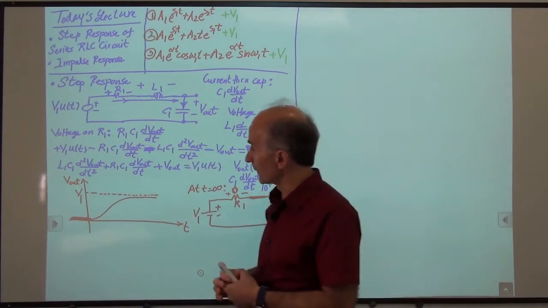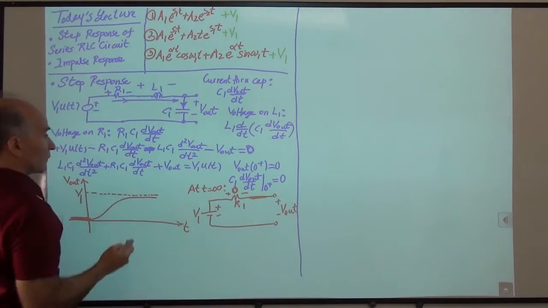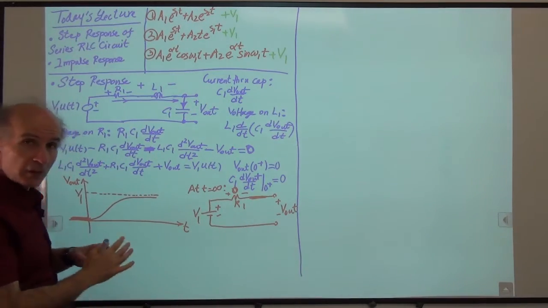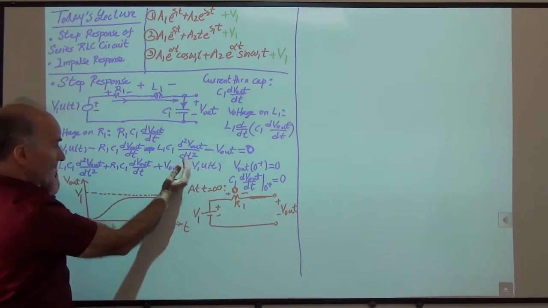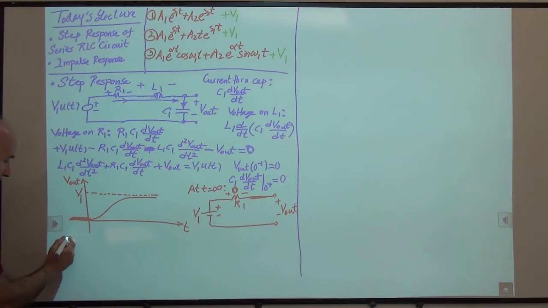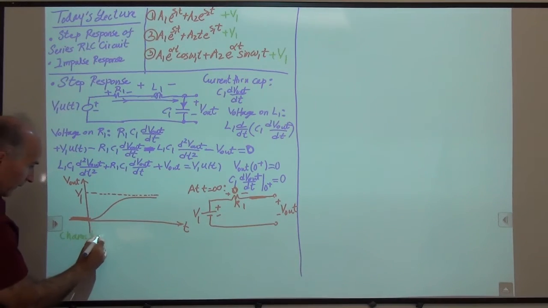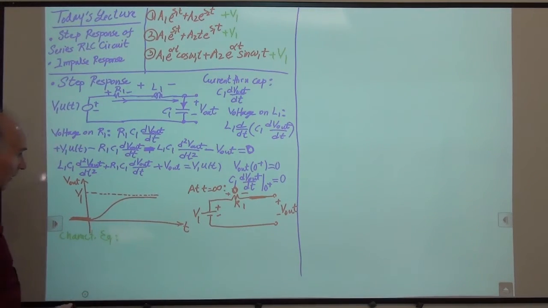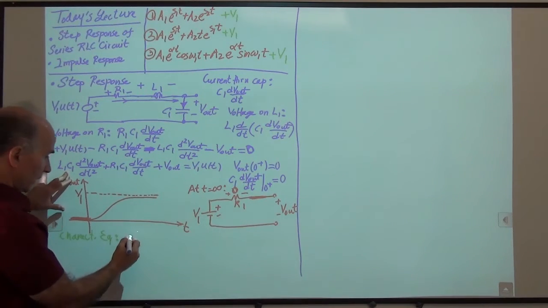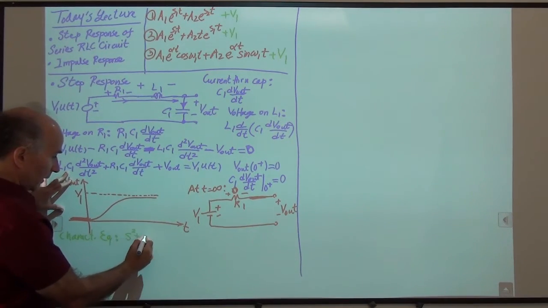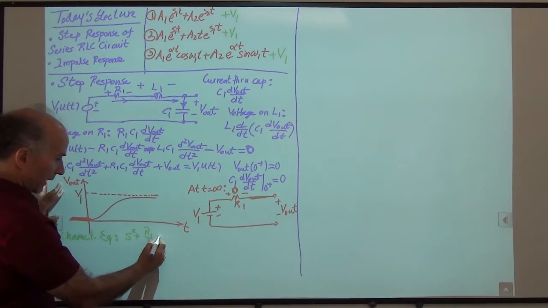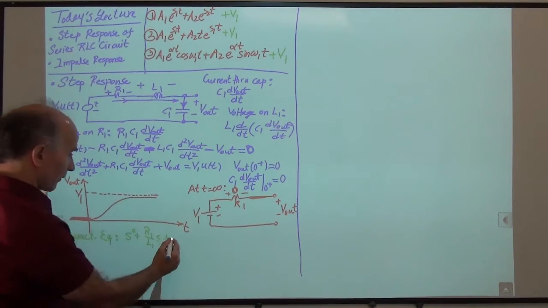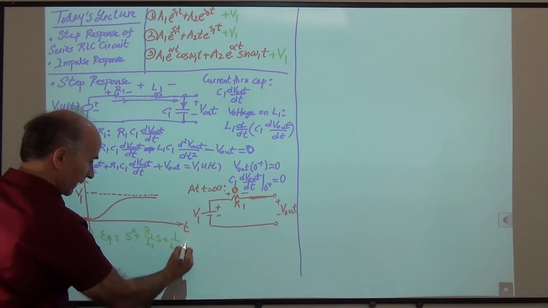All right. So the values of S1 and S2 are of course known. The characteristic equation is always for the homogeneous part of the equation, meaning this side is set to 0, and the characteristic equation is the same as before. So we see that the characteristic equation, if I divide by L1 C1 to make it easier to see, is S squared plus, so C1 goes away, we have R1 over L1 S plus we have 1 over L1 C1, and that's 0.